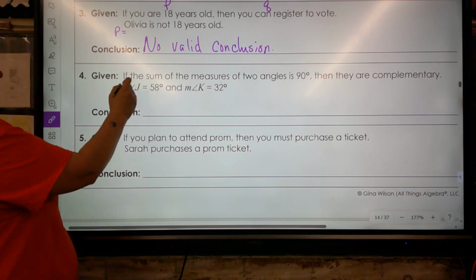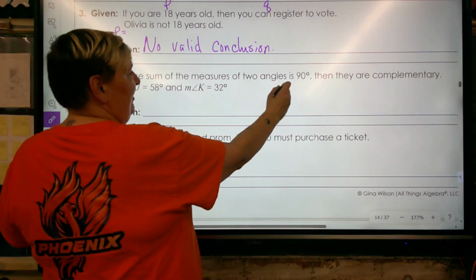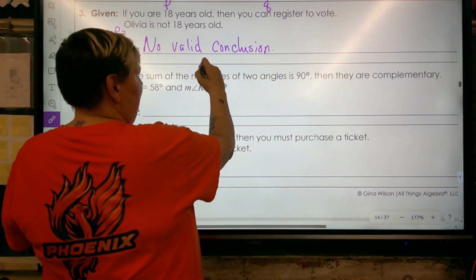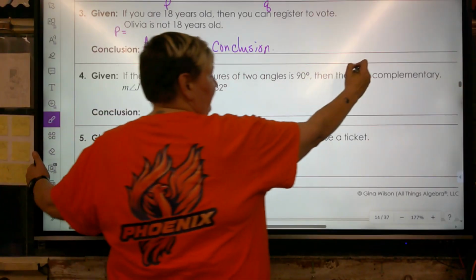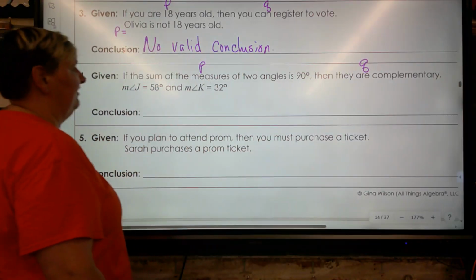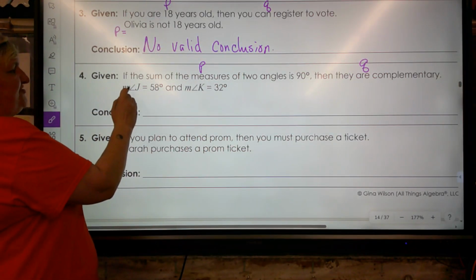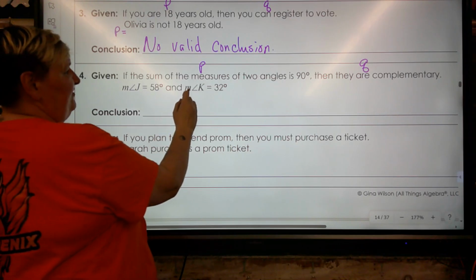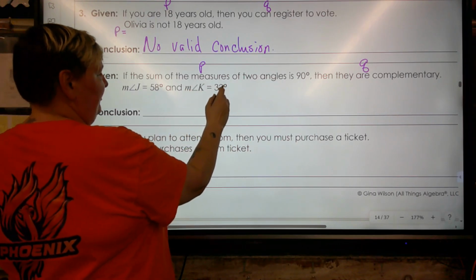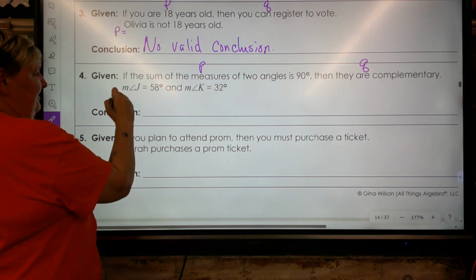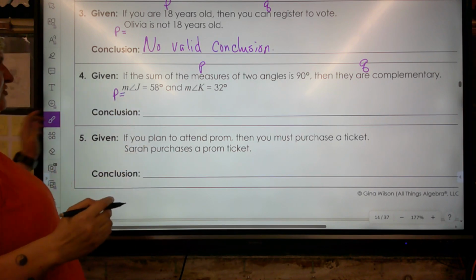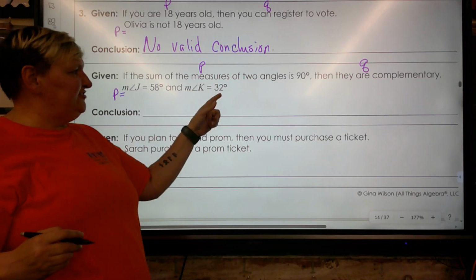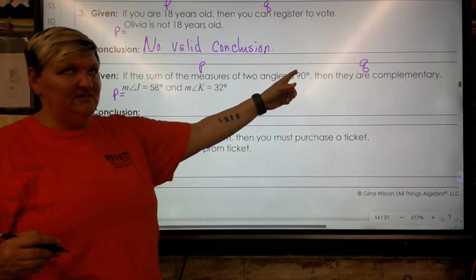All right, given, if the sum of the measure of two angles is 90 degrees, P, then they are complementary, Q. And then it says the measure of angle J equals 58 degrees, and the measure of angle K equals 32 degrees. So it does give us a P. Is P true? Is 58 and 32 90 degrees?